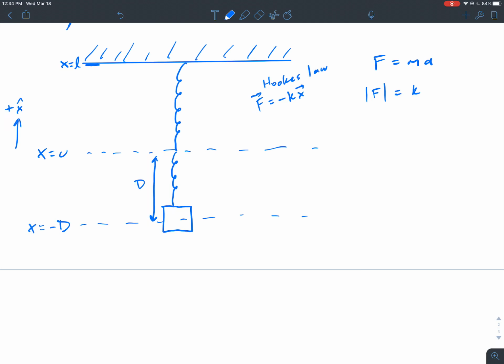Of course, these are vectors, but we're just doing magnitude here, so we'll say F is kx. And then we're looking at gravity, so the force is the weight. So we have k times the distance stretched, the magnitude of x is just d, so kd is mg. So our distance is just d equals mg over k. Makes sense, right? The more mass and gravity, the more weight, the further it stretches. The stiffer the spring constant, the less it's going to give. Okay, so this makes sense.